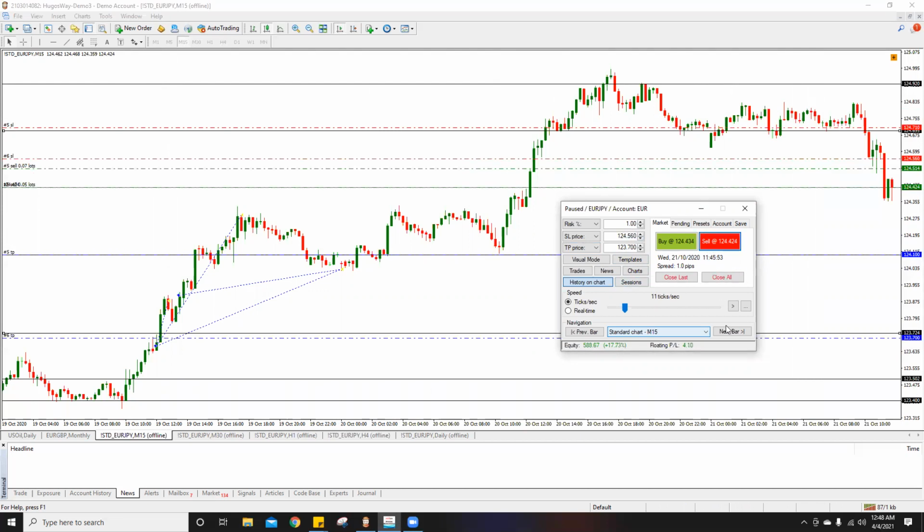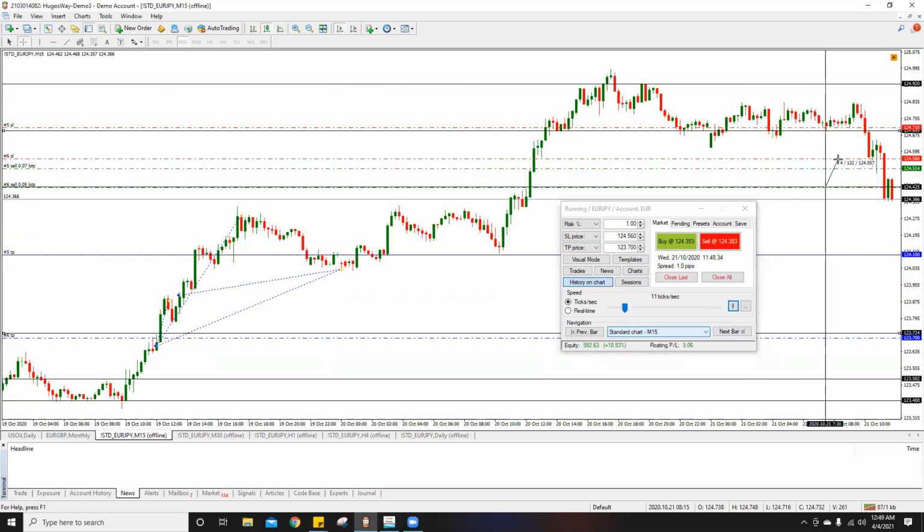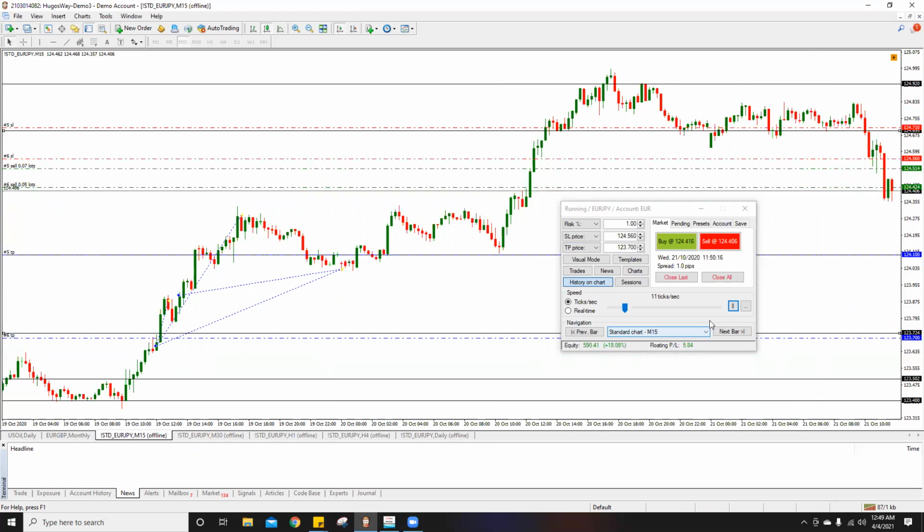Right about there. So this is from entry to stop loss 14 pips, coming down for 70 pips.